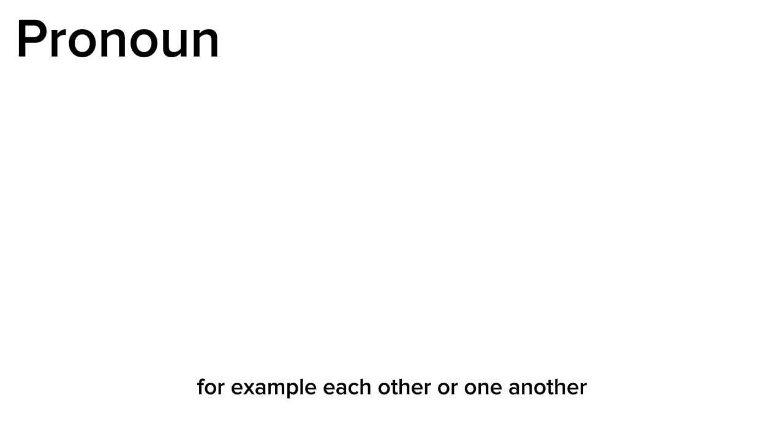For example, each other or one another. These are often considered a type of pronoun and are used before nouns to indicate possession: my, your, his, her, its, our, their.